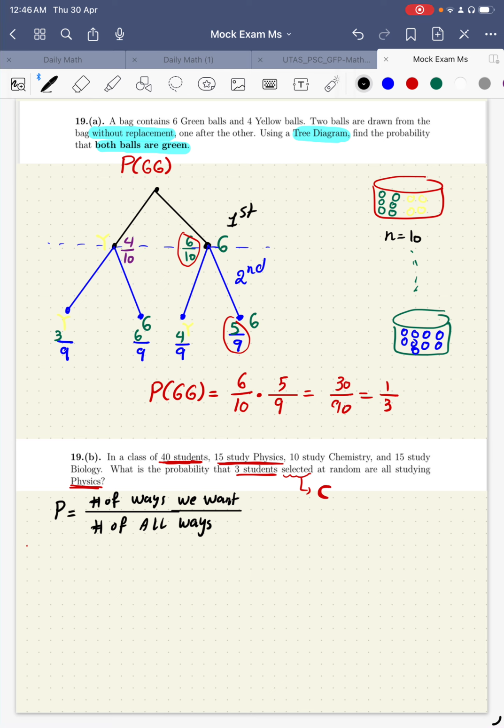In brief, P, or the probability, equals what we really want. What we really want is how we can select 3 from what? From 15 who's studying physics.